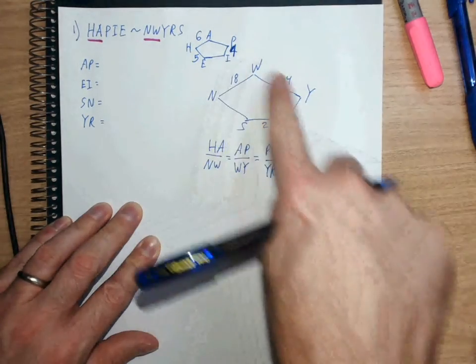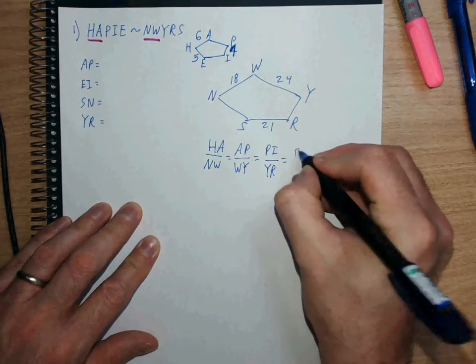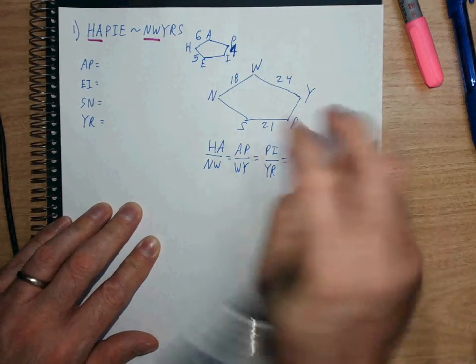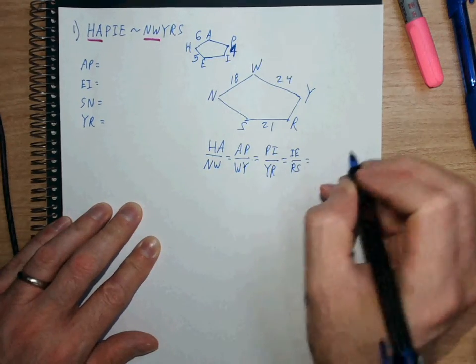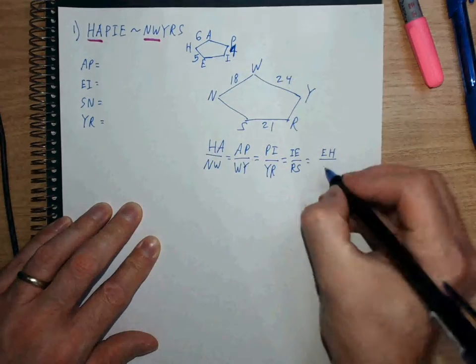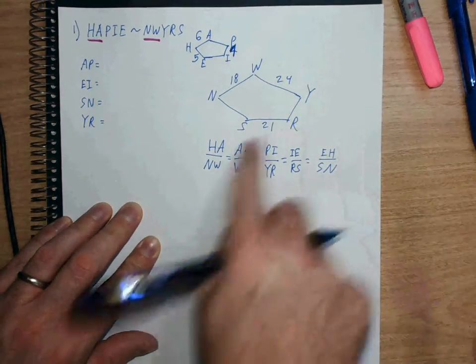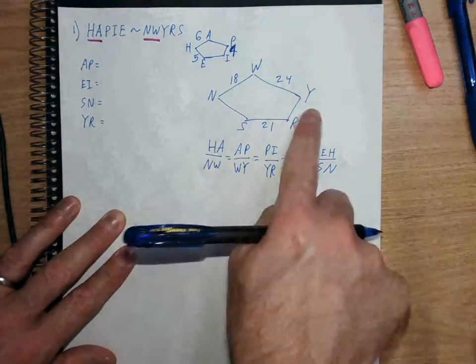So the smaller one over the bigger one is the same ratio for each one of these. And we're just going to finish that out. IE corresponds with RS. And finally, EH corresponds with SN. So we're going to use this as our map on how to find the lengths of the missing sides here.